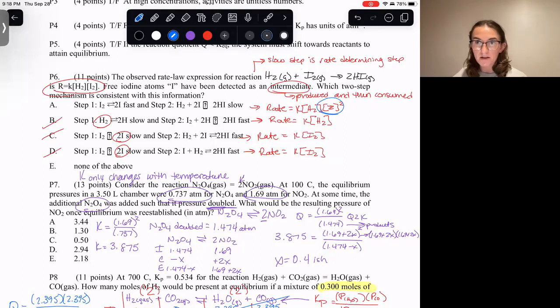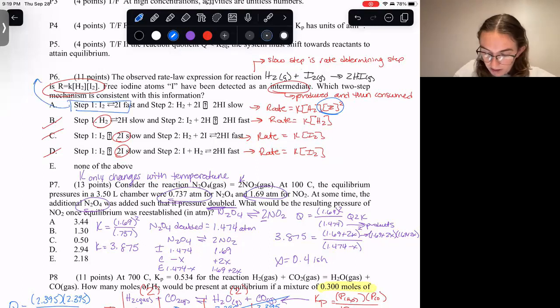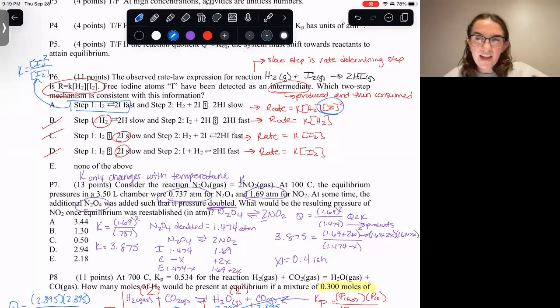Intermediates cannot go in the rate law. And so instead, we have to do a little manipulation. So we can say that in step 1, this fast step, this is now in equilibrium. So we can say that K is equal to I squared over I2. We call that KEQ, which is what it looks like on your homework.